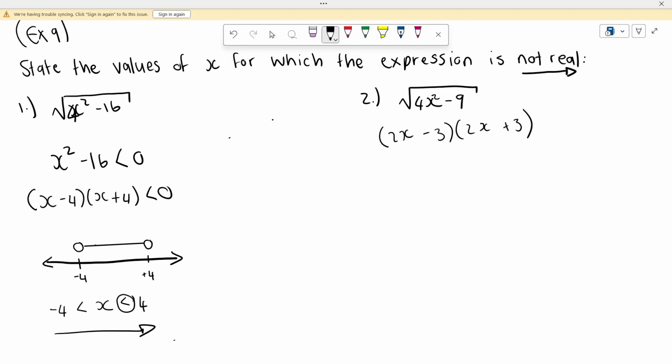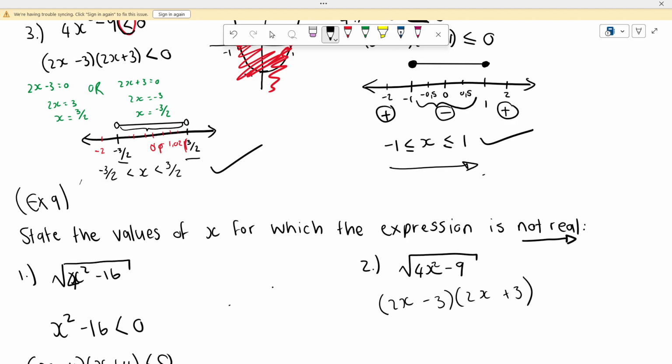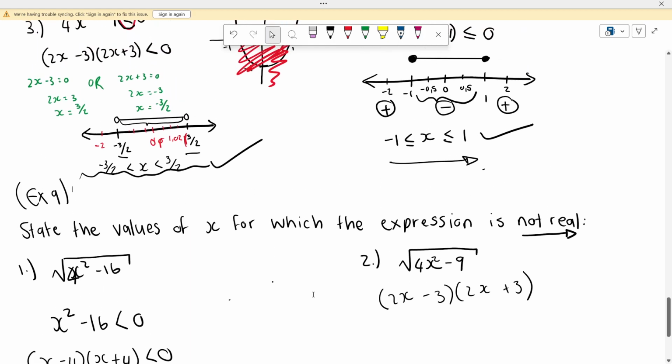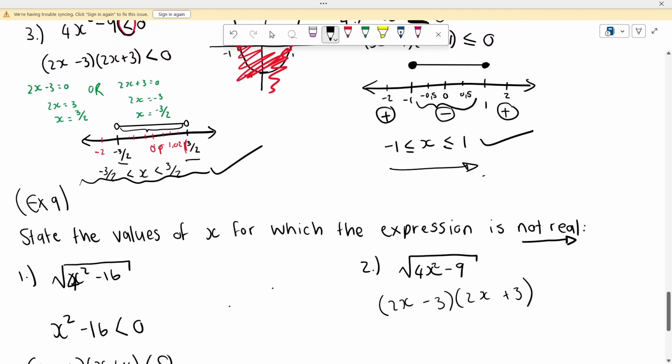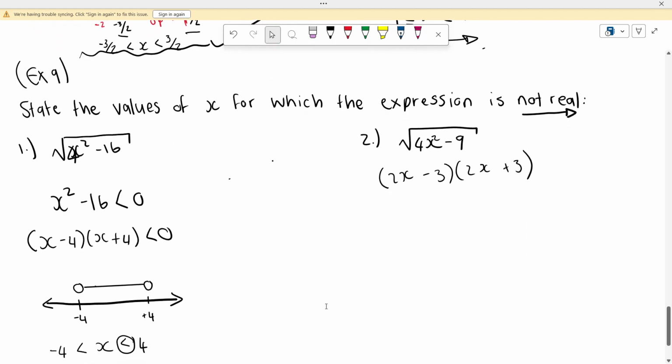We can sort of see where our critical values are from this one over here and this one over here. So we know that x is going to be between negative 1.5 and 1.5. So we can somewhat just go and write it.